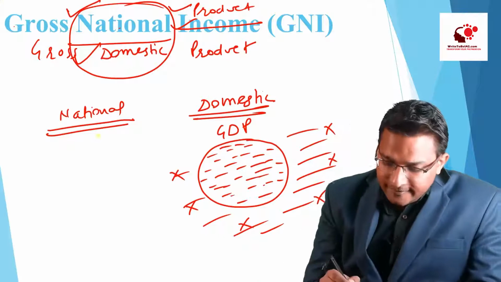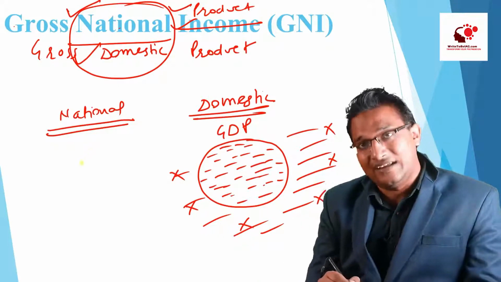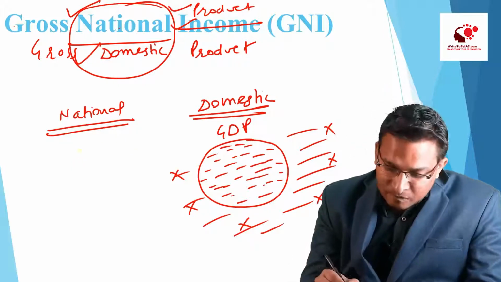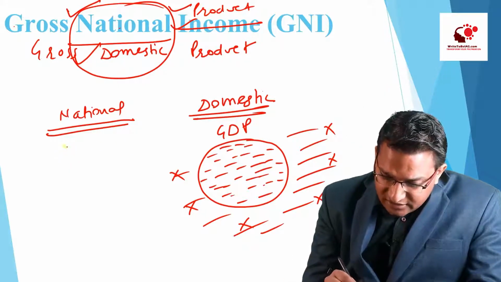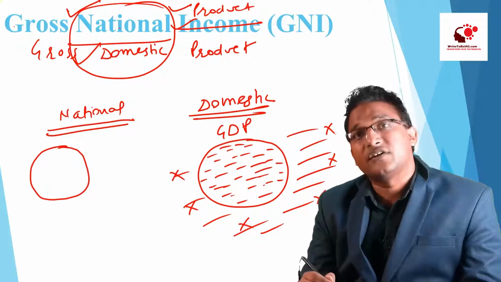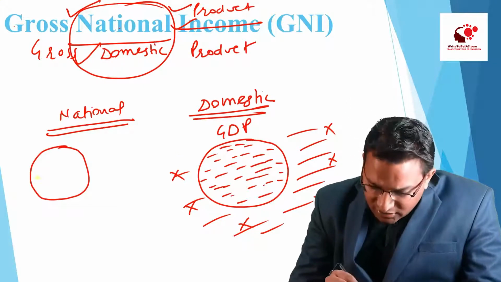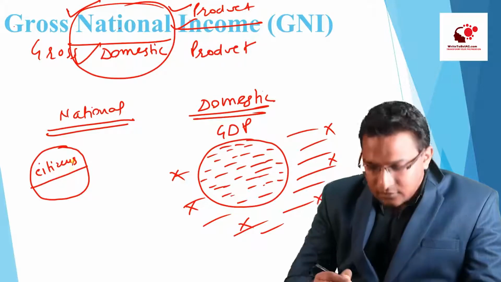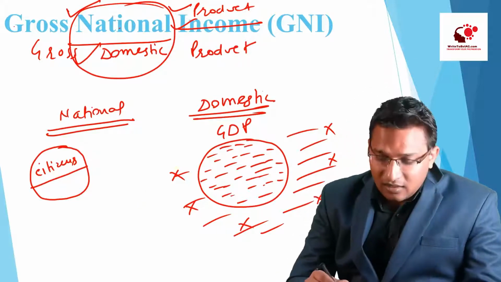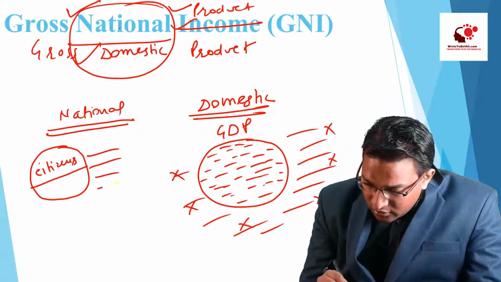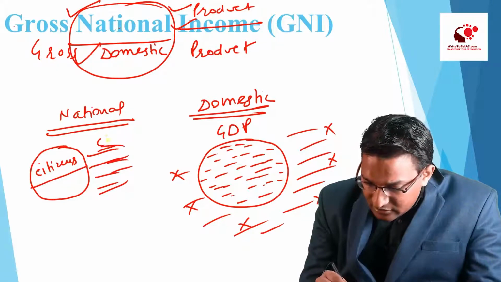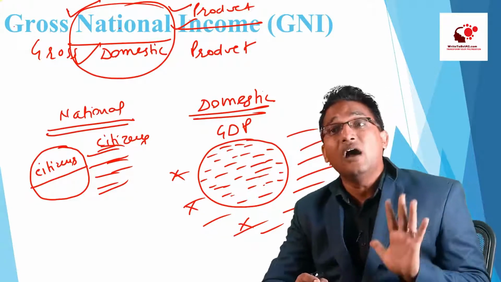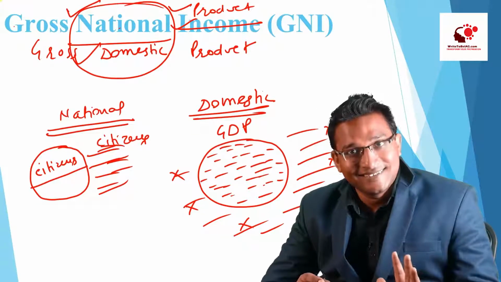However, in case of the national income, the GNP, what we see is that the production done by the citizens in the economic territory, and outside the economic territory also, the production done by the citizens, both of them are included in the GNP or GNI.